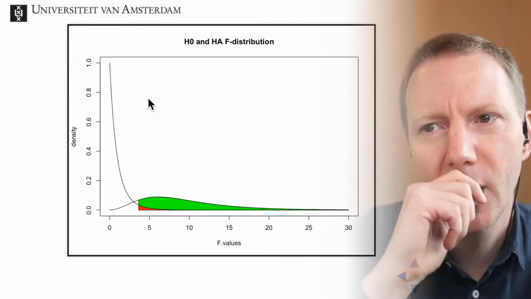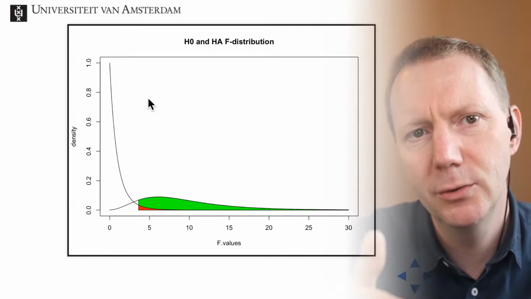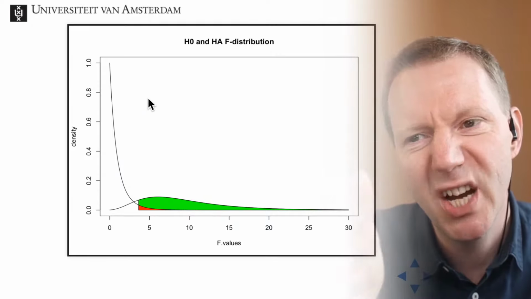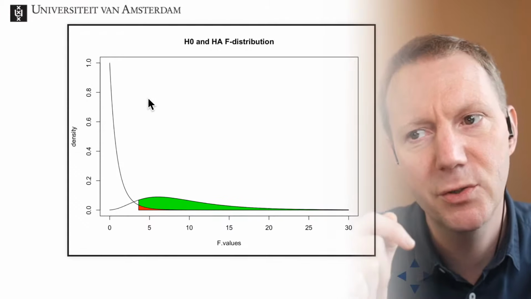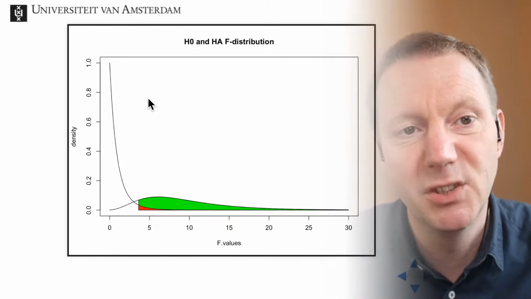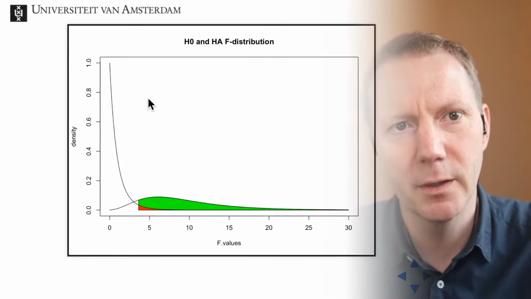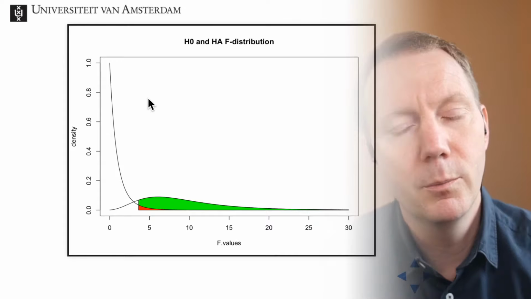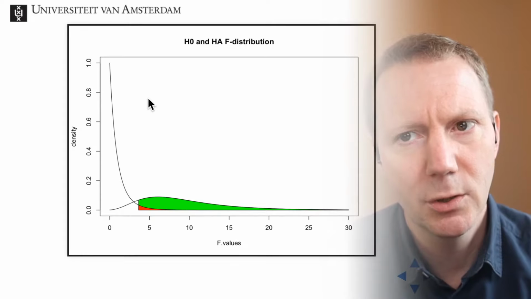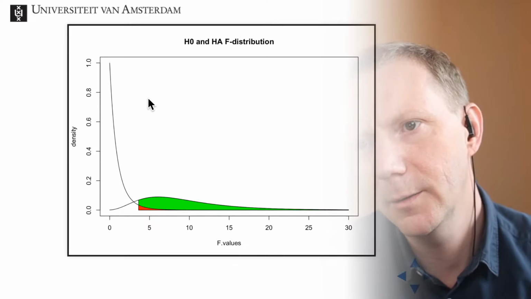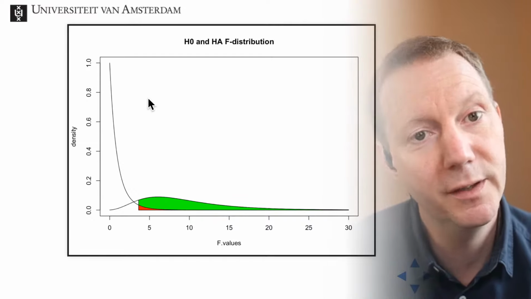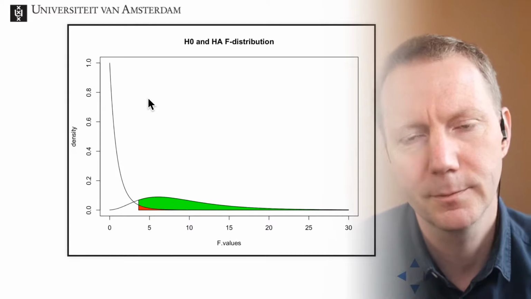Then concluding to reject the null is also associated with the probability of some other alternative distribution to be true. So what do you think the probability of the alternative distribution to be true is?